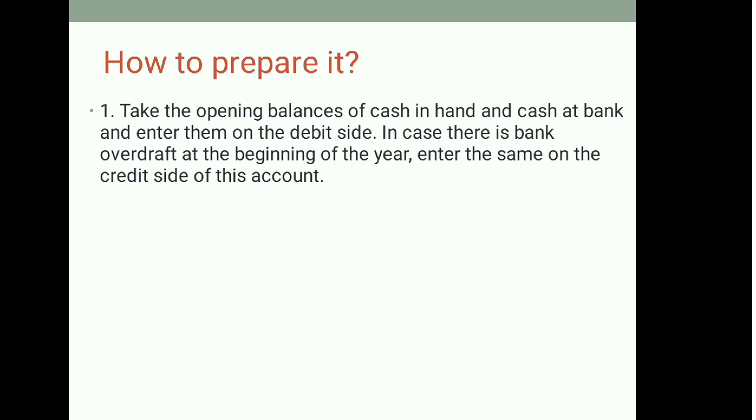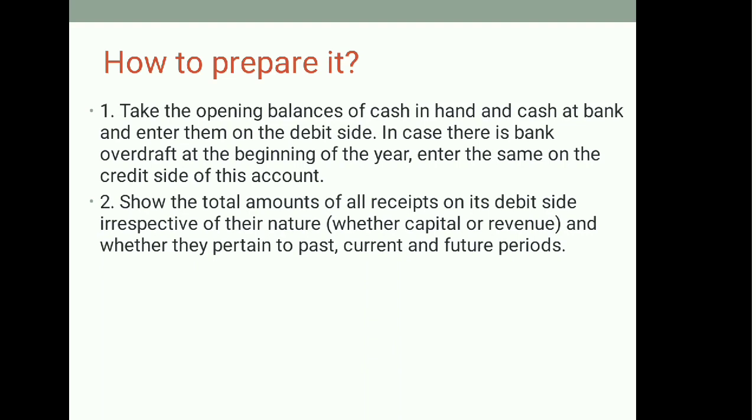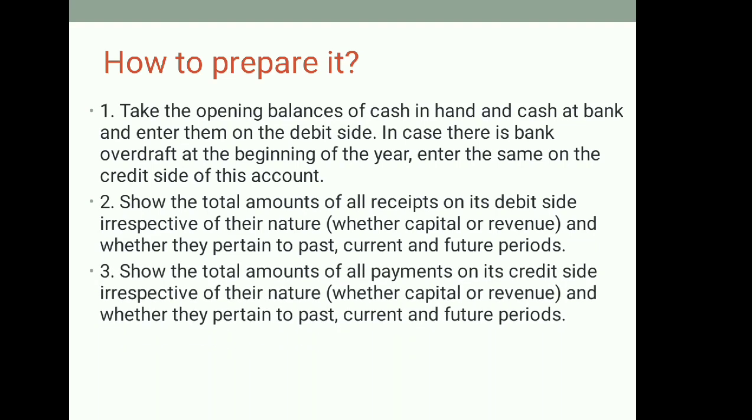Then show the total amounts of all receipts on its debit side, exactly as in the cash account. Like in the cash book, we recorded all the receipts on the debit side and all the expenses on the credit side. Exactly the same as the cash book. Show the total amounts of all payments on its credit side, irrespective of their nature, whether it is of a capital nature or revenue nature.